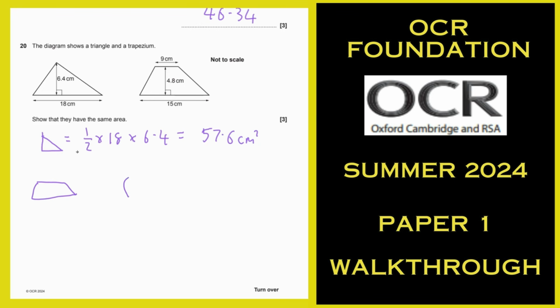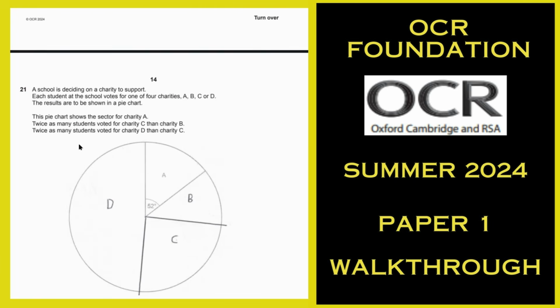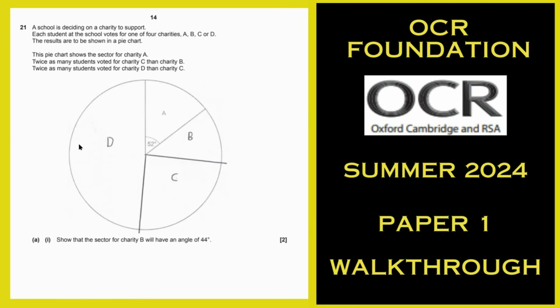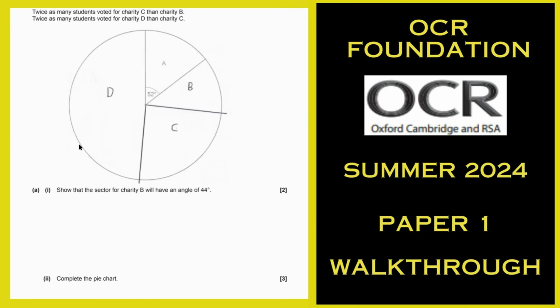You add together the parallel sides, that's the 9 and the 15. You multiply by the distance between them, in other words, the height of 4.8, and it's halved. And you can do those operations in any order, as long as you add the parallel sides first. But guess what you get? No surprise, it's 57.6. Number 21, I've definitely cheated for this because I can't use a pie chart.